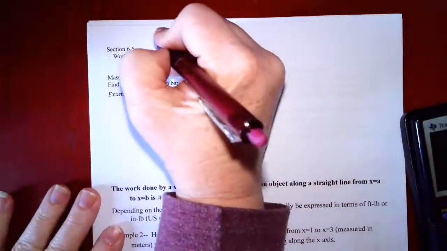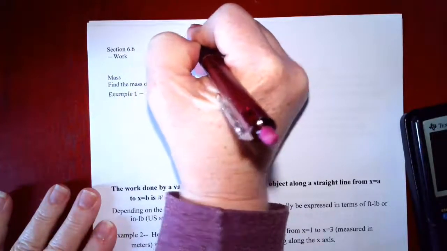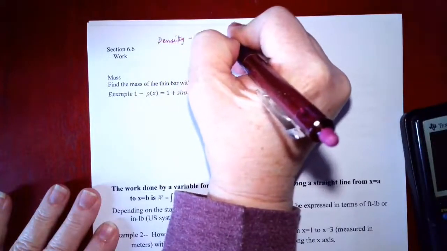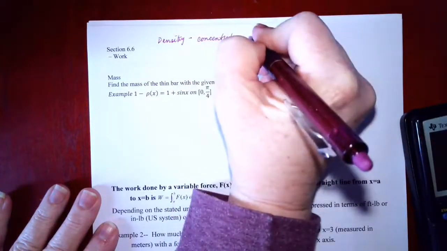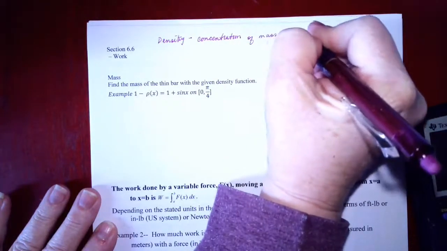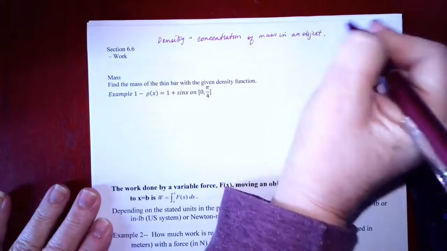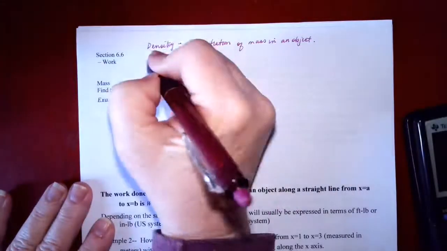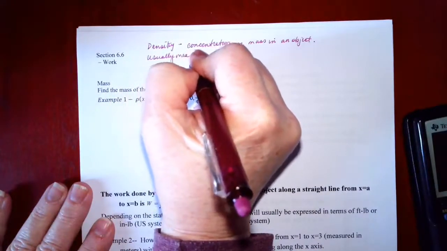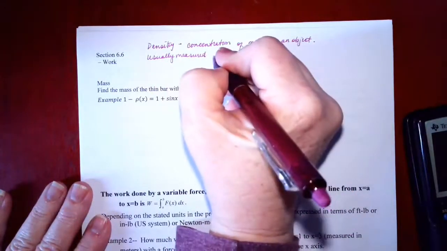But remember, or if you don't remember, let me just tell you, density in general is what we use to describe the concentration of mass in an object. It's usually measured in units of mass per volume.